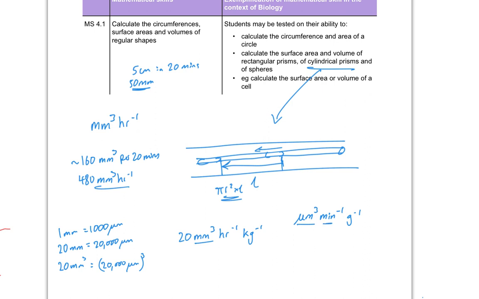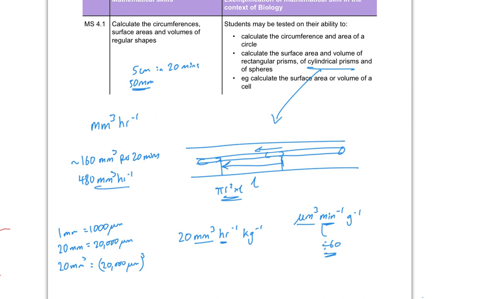Going from per hour to per minute, I just think it through: there'll be less per minute than per hour, right? And I know there's 60 minutes in an hour, therefore I need to divide by 60 to get it into per minute. And the same for per gram.